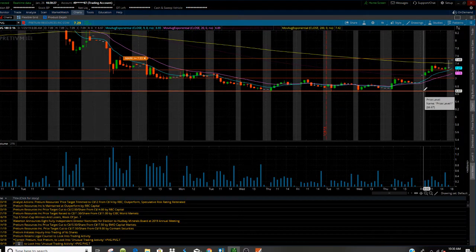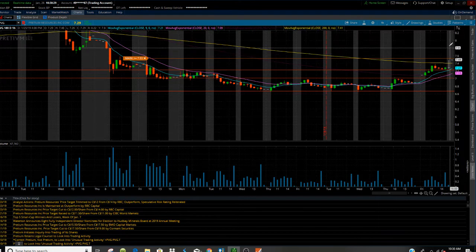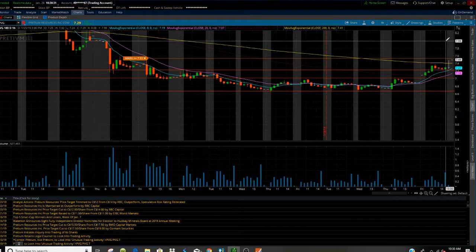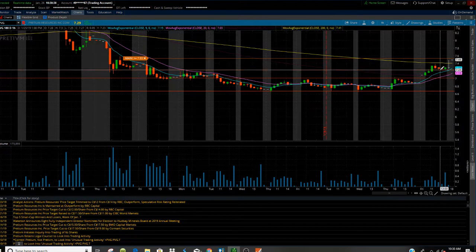So it's very easy to understand. So $8 will act as a strong support line or a resistance point, whatever it breaks through. As it breaks through the 7.50 mark, we can use that as our support line.